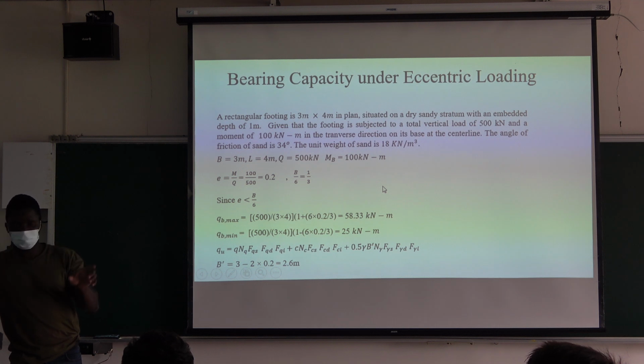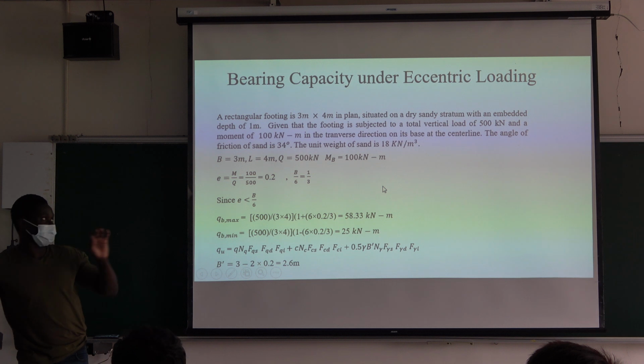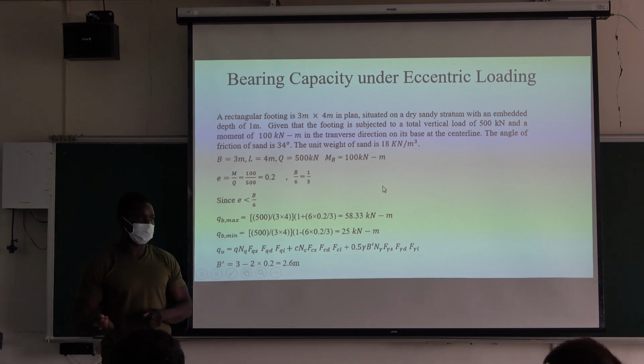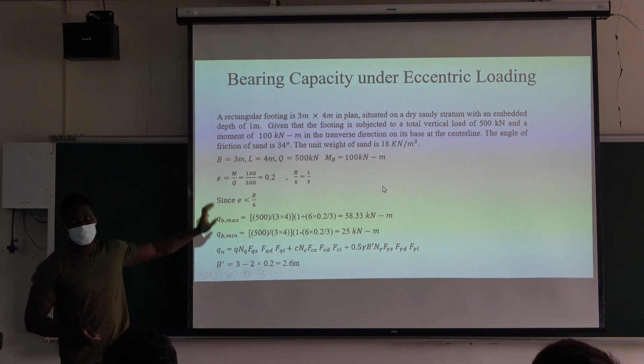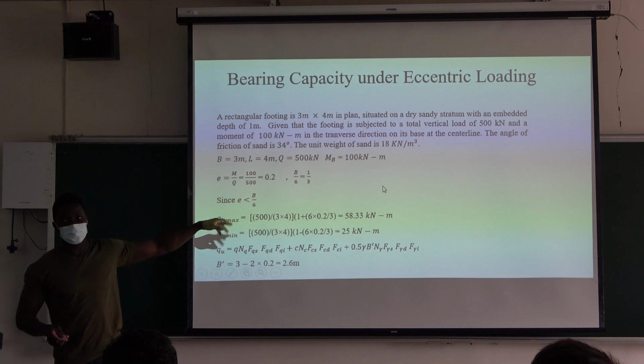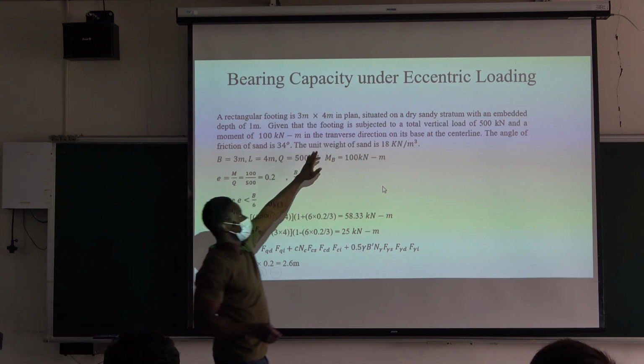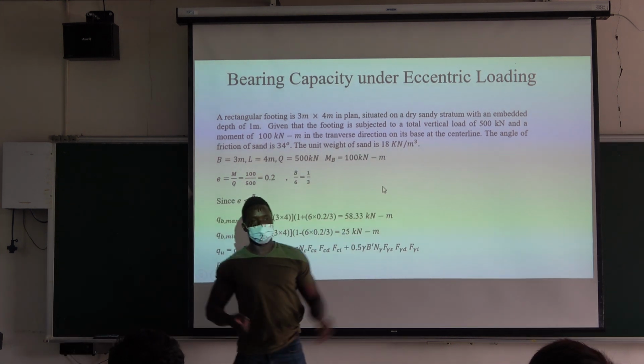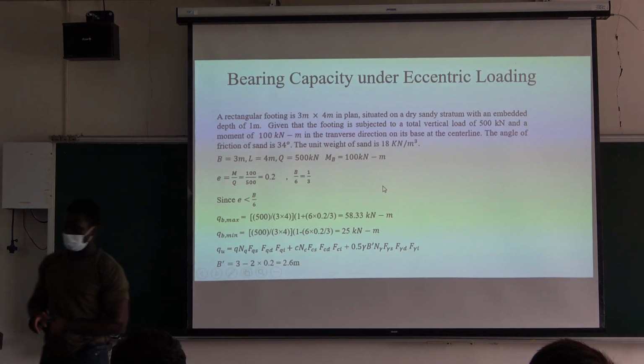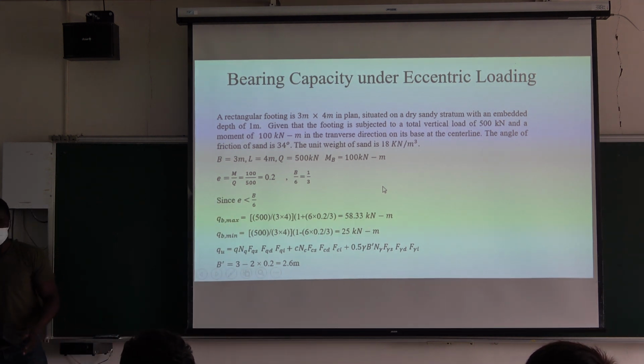If they say in the longitudinal direction, it's along the length. So you have to put that in mind. If the question specifies the loading or the moment is along the longitudinal direction, then eccentricity is along the length. But here they specify the transverse direction, so we know it's along the width. That's why we use EB here.